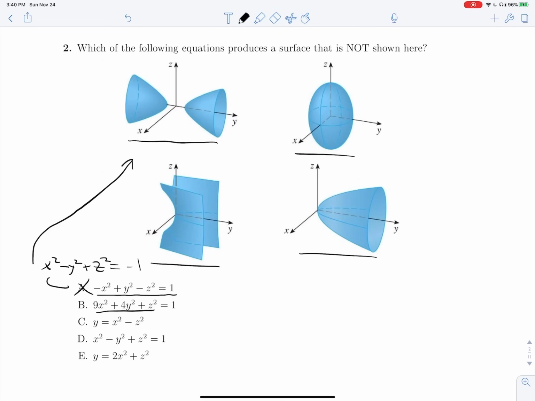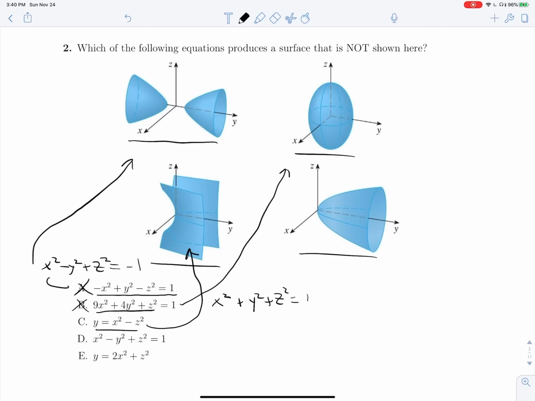Then B, right here, we see that we can generalize this equation as some x squared plus y squared plus z squared equals 1, which is our classic equation for an ellipsoid. So that's out. For C, we see that this is the general equation for a hyperbolic paraboloid that we see here.